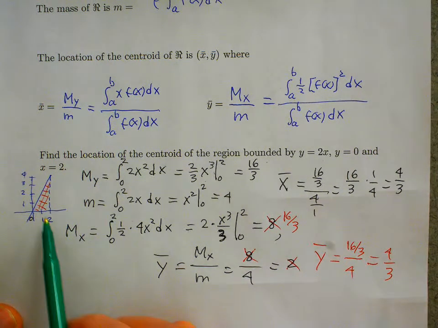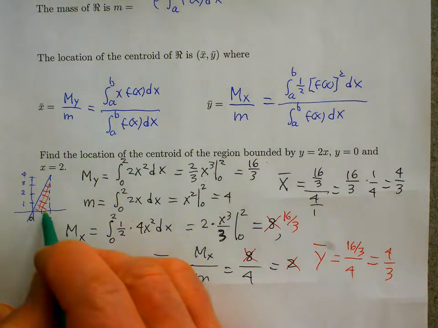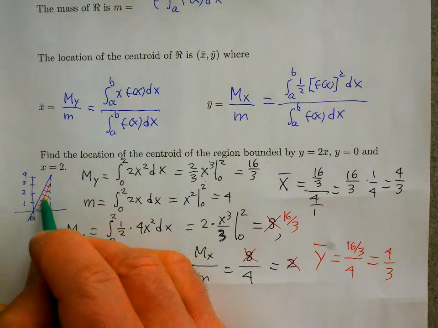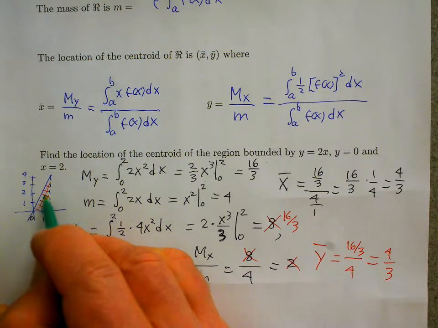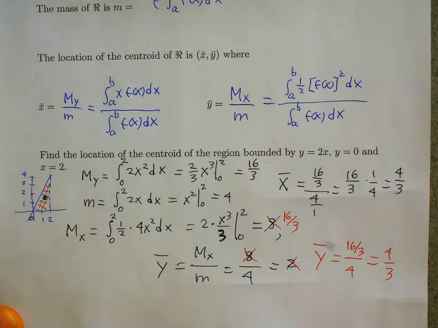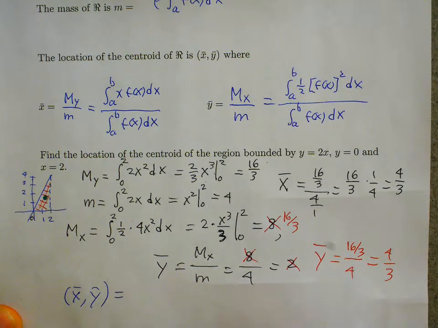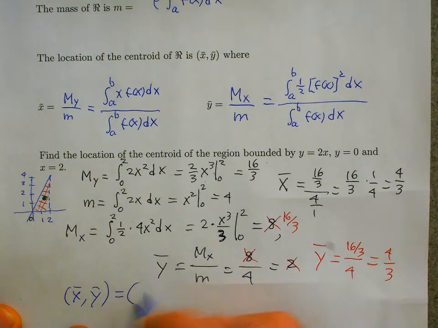Okay, so the centroid is the ordered pair 4 thirds, 4 thirds. So about right there. So I'll just reiterate what we found. X bar, y bar is the ordered pair 4 thirds for x bar and 4 thirds for y bar.